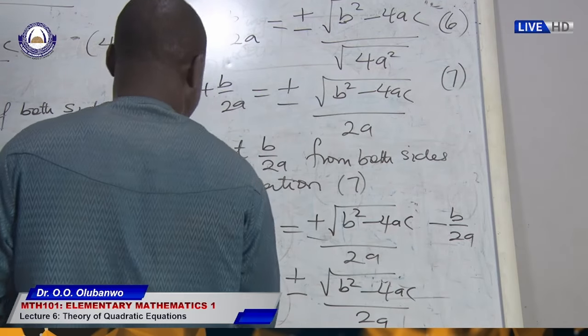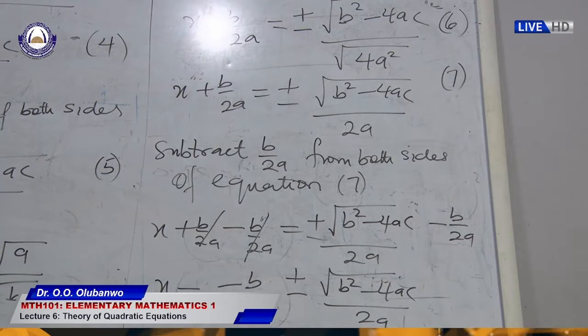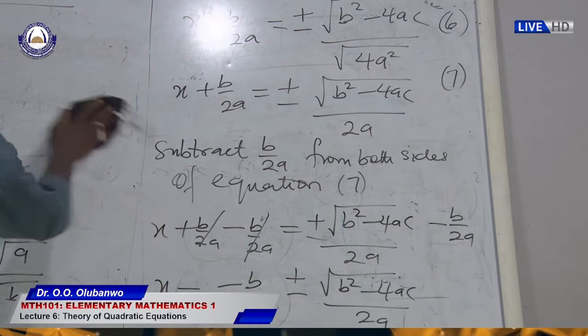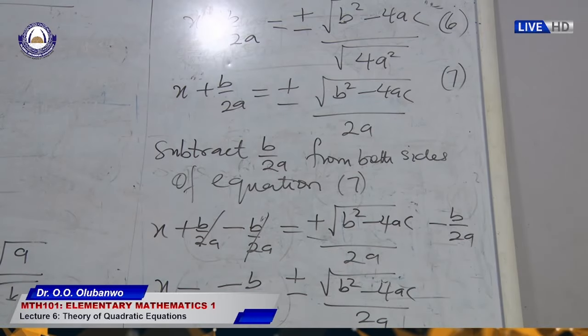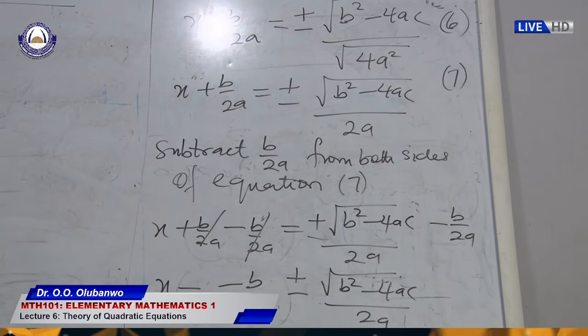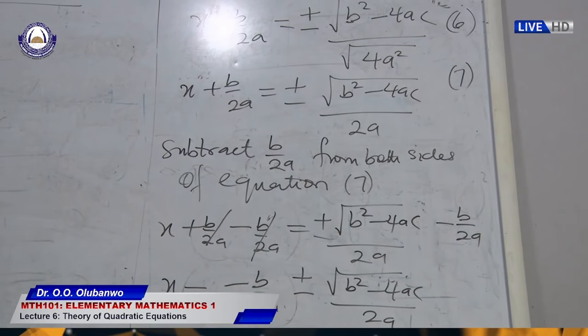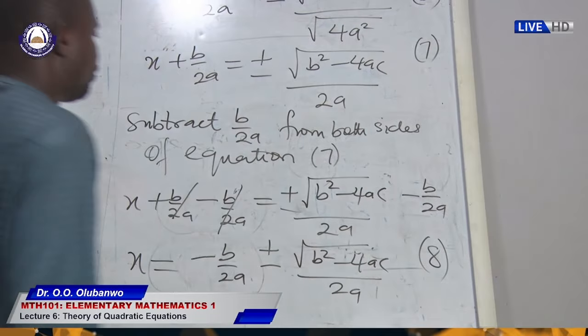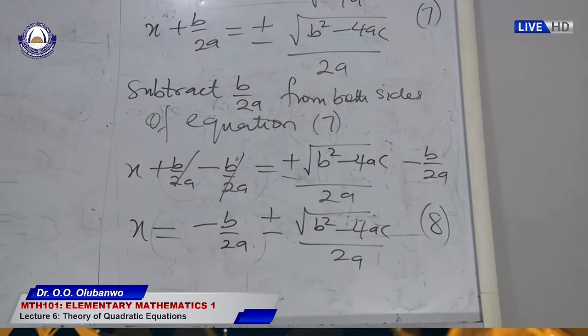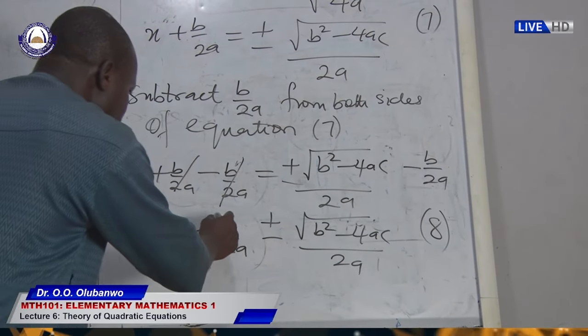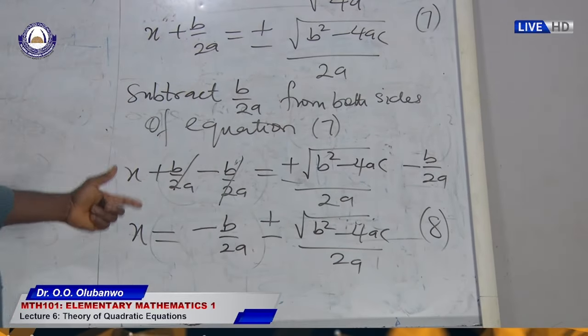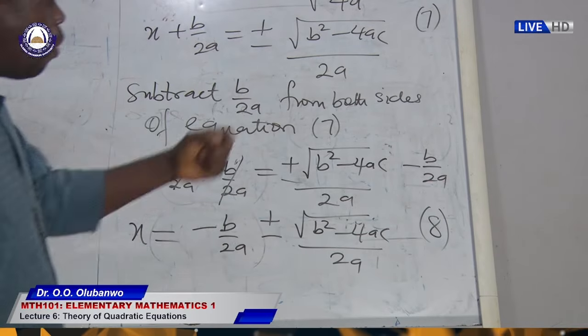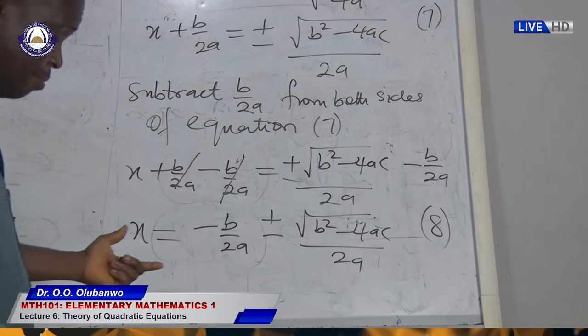Now, class, if we look at this critically, referring to equation 8, you observe that on the right hand side, you have minus b over 2a plus or minus the square root of b squared minus 4ac over 2a.